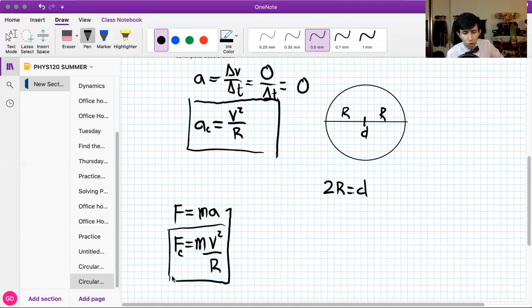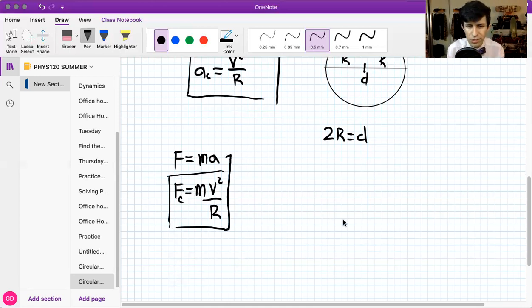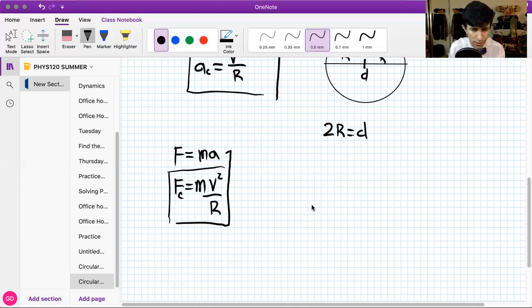So let's give ourselves some examples here, similar to what you guys have in the practice quiz, but not the exact same problems. Okay, say you're the International Space Station.